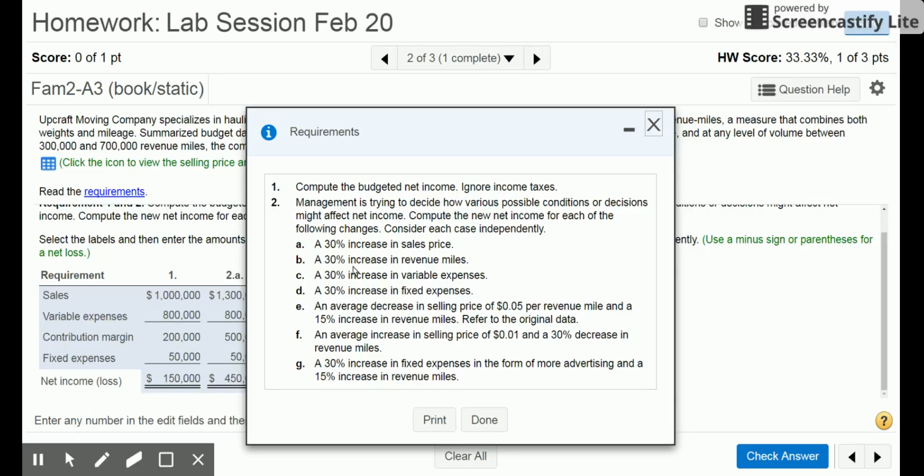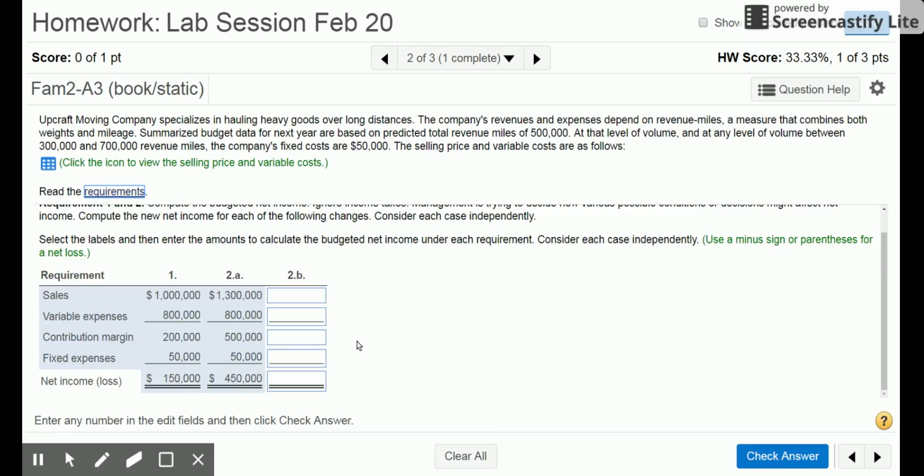So when it says 30% increase in revenue miles, right now we have 500,000, and an increase of 30% will give us 650,000 miles. So 650,000 miles multiplied by $2 will give us again $1,300,000.